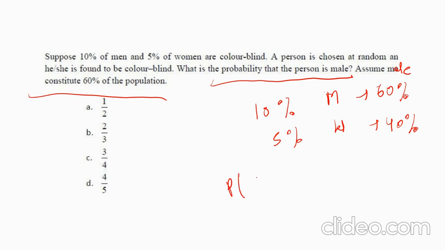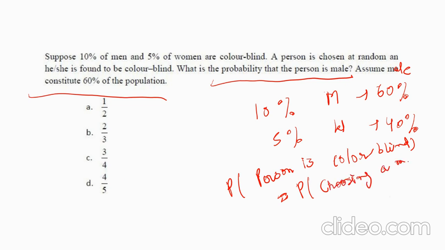So, the probability that a person is colorblind will be equal to the probability of choosing a man into the probability that that man is colorblind, right?